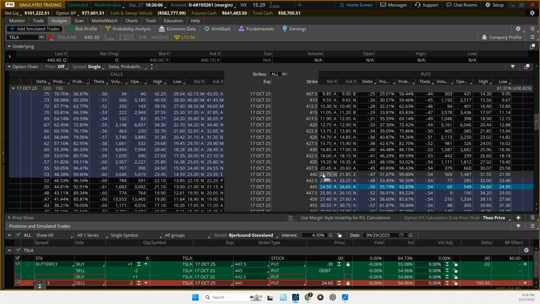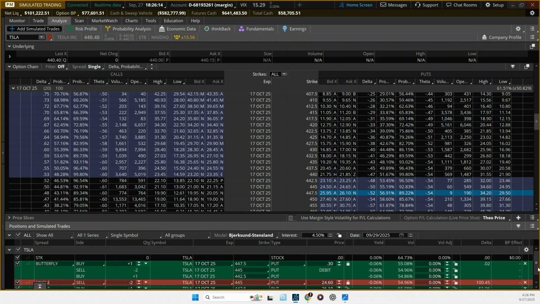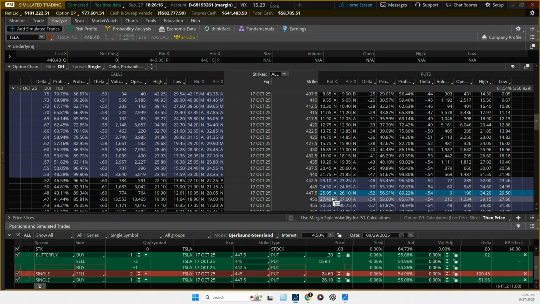447.50. Buy one 447.50. And what might we be able to get? And let's say maybe we can get it for, if luck is on our side, say 26.